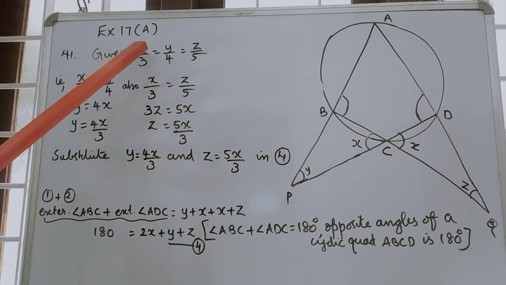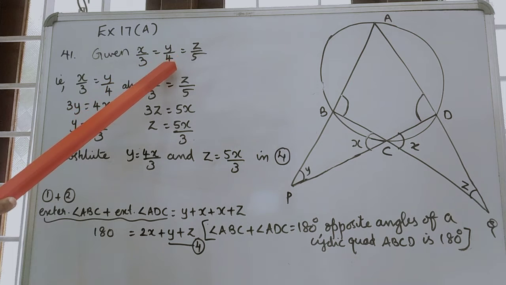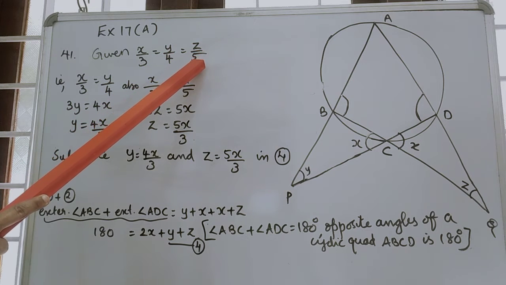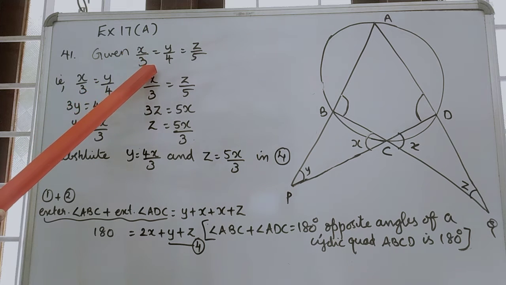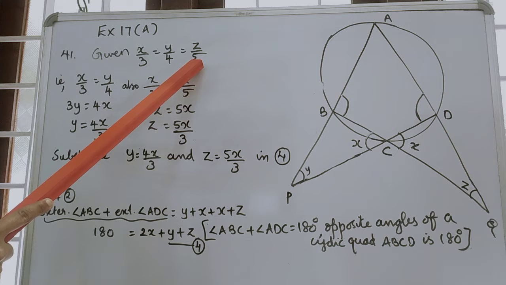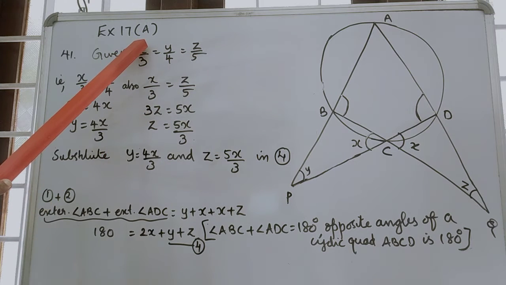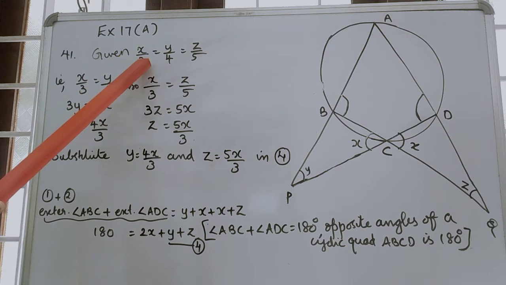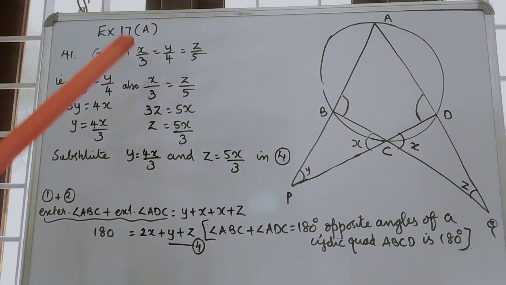Given x by 3 is equal to y by 4 is equal to z by 5. Since these three are equal, x by 3 is equal to y by 4.